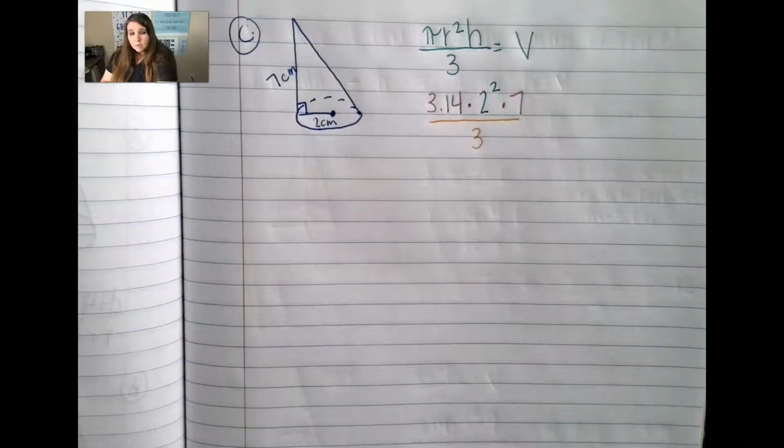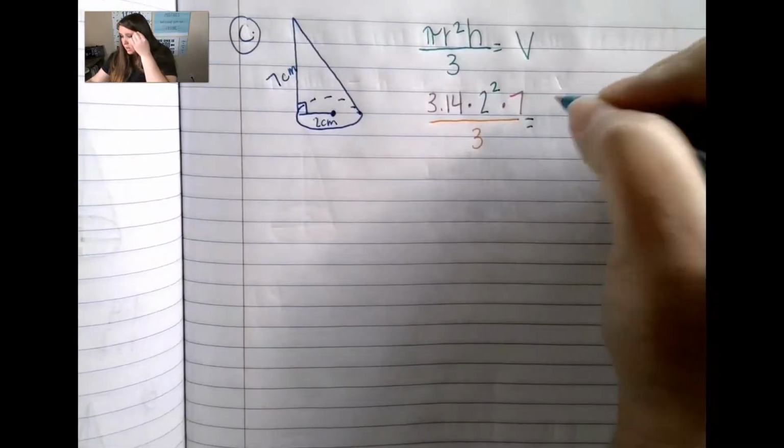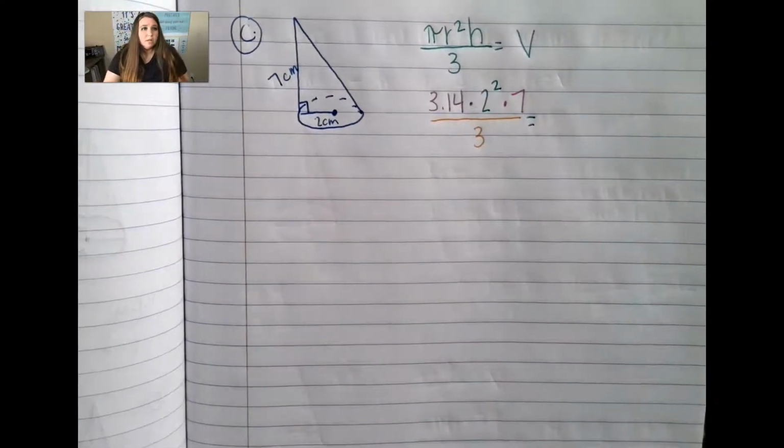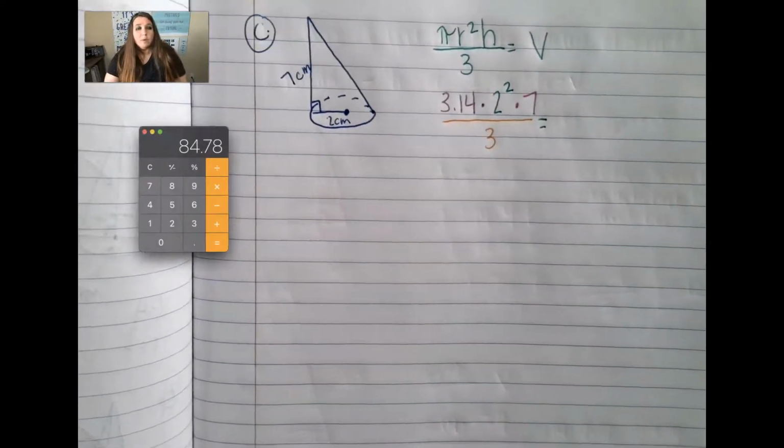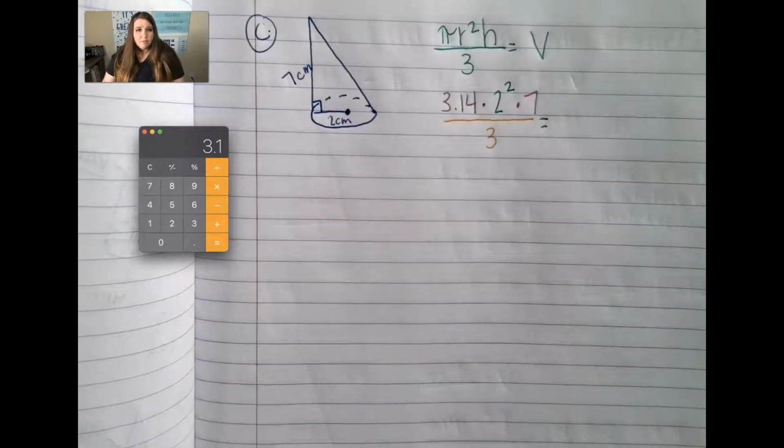All right, so let's go ahead and multiply this out. 2 squared is going to be 4. So on this problem, we're going to use 3.14 like normal for pi. So there's pi, 3.14 times 4 for r squared, and that gives us 12.56.